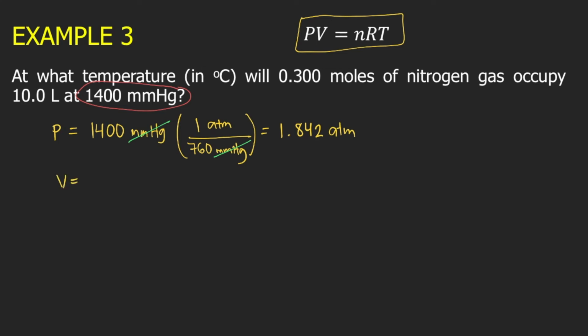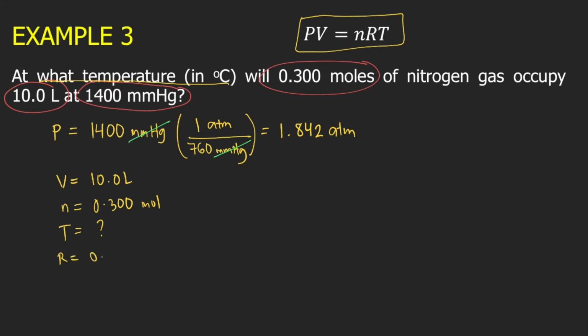The volume given in the problem is 10.0 liters. And then the value of N is 0.300 moles. Temperature is unknown in the problem. It's the one being asked. So what temperature? So just put question mark. And then the more convenient value of R to use is 0.0821 liter atmosphere per mole Kelvin.